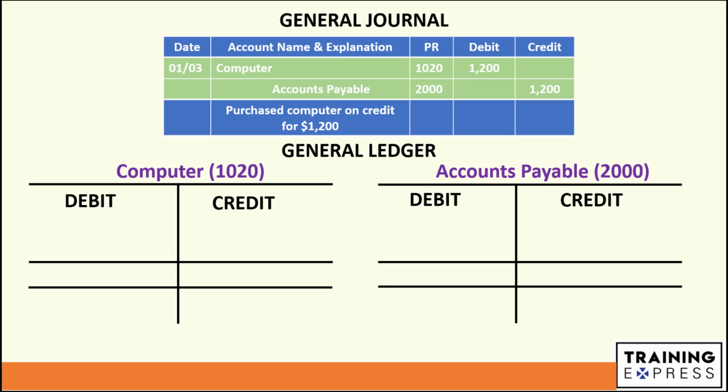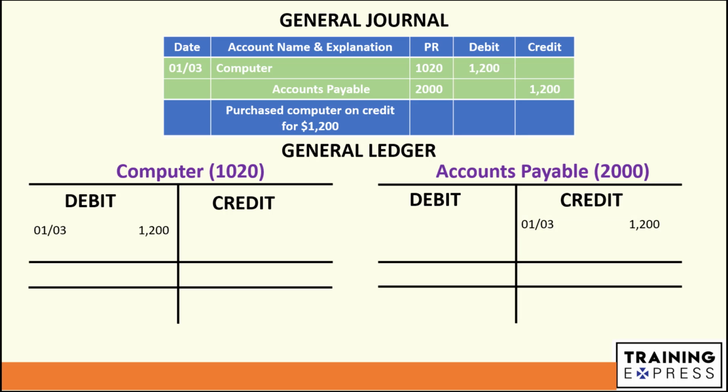Now let's try to link journal and ledger together. Computer is debited with $1,200, and you can see we are writing $1,200 on the debit side of the computer account. Similarly, accounts payable is credited with $1,200, and we are writing $1,200 on the credit side of the accounts payable.